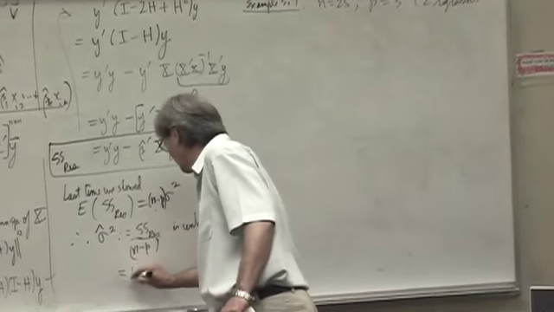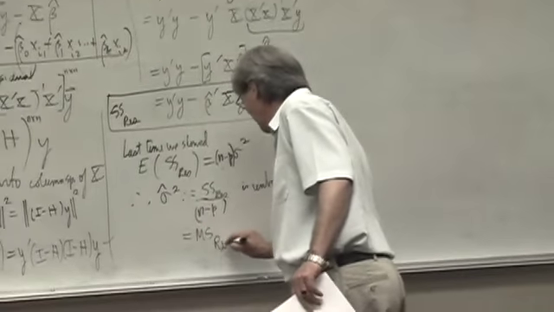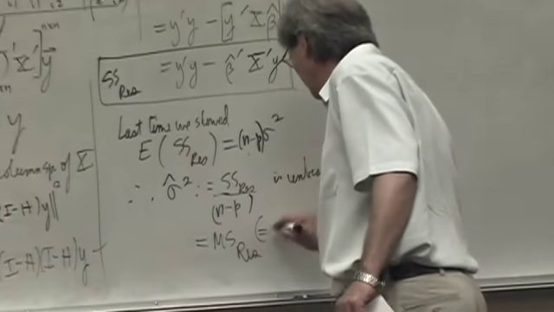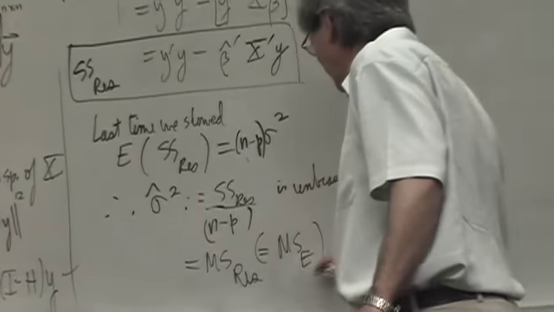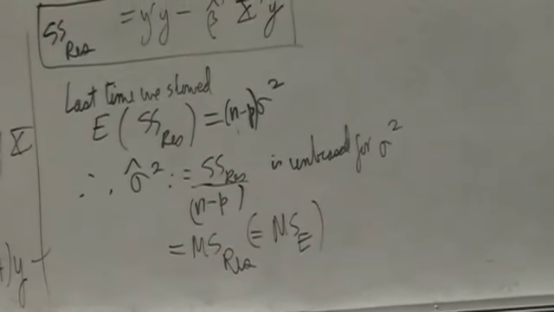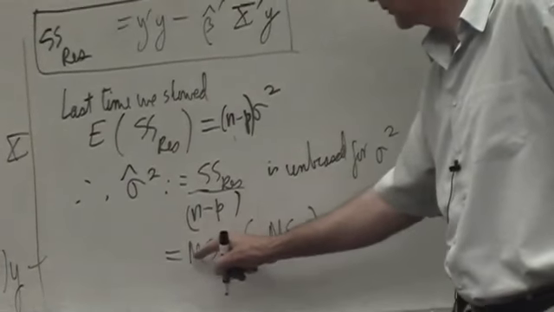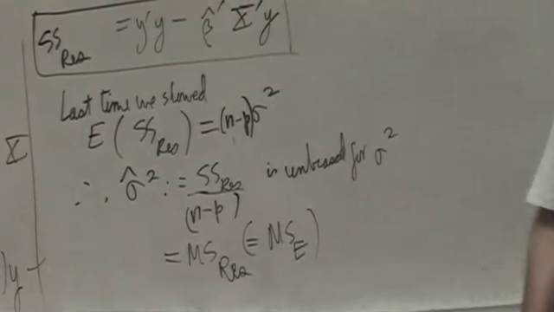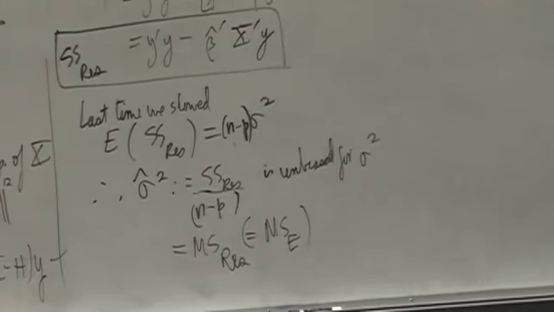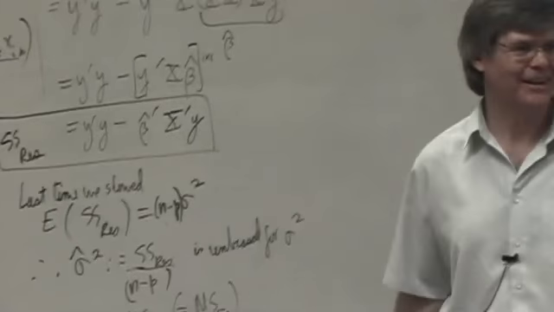This is also called MS res, and in other books it might also be called MSE, mean square for error, which is the traditional one. But for some reason in this edition, I guess it was requested by some of the critics, they call it MS res.